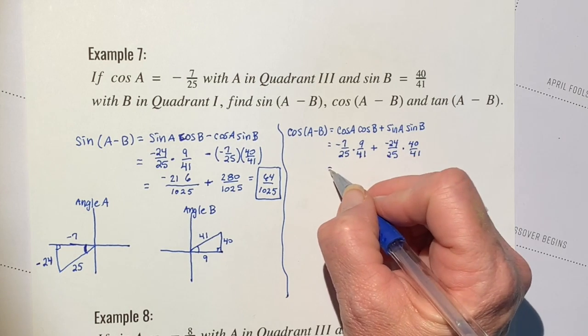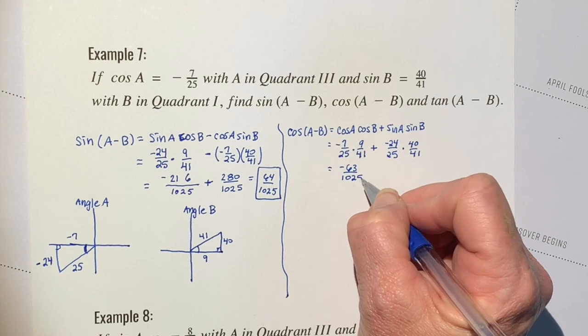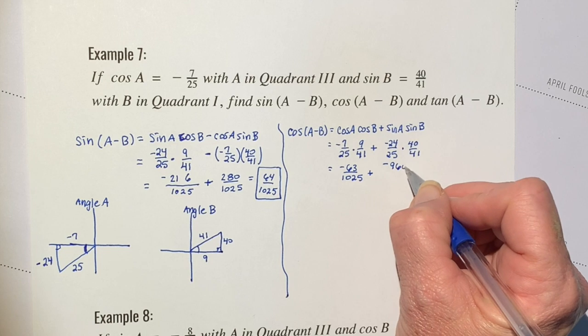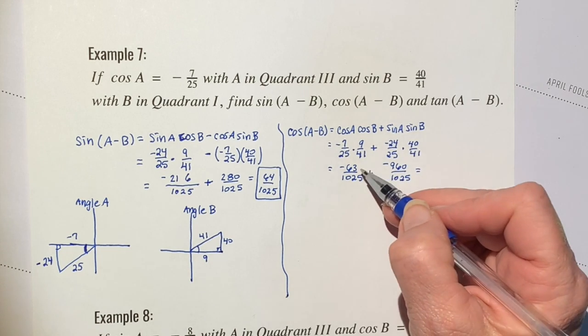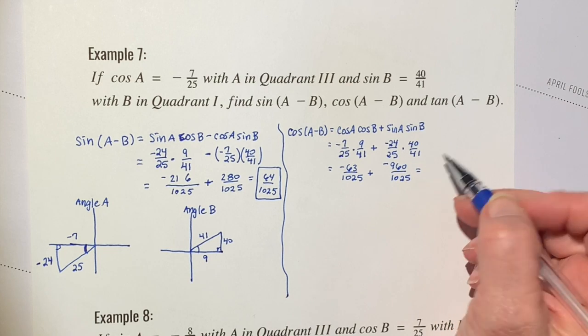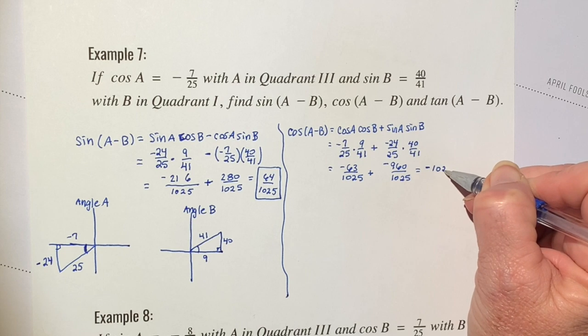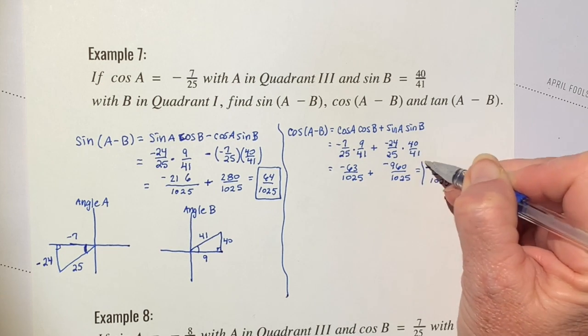And so this is going to be negative 63 over 1,025. This is going to be negative 960 over 1,025. And combining these is going to give me negative 1,023 over 1,025.